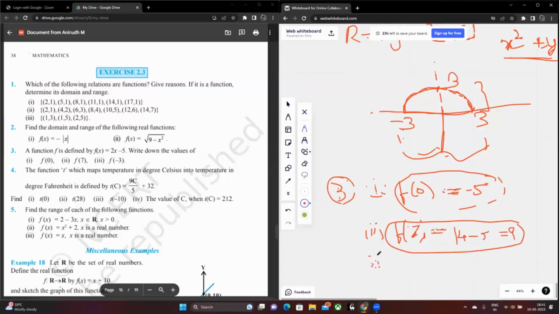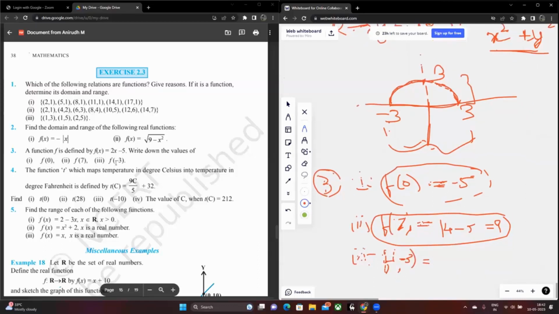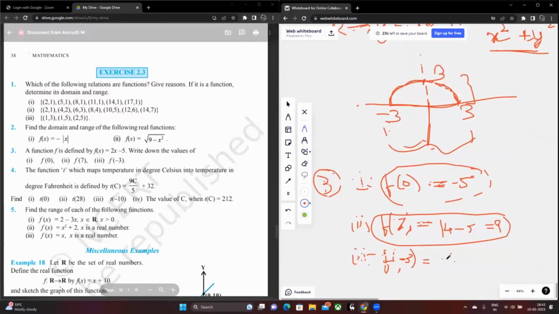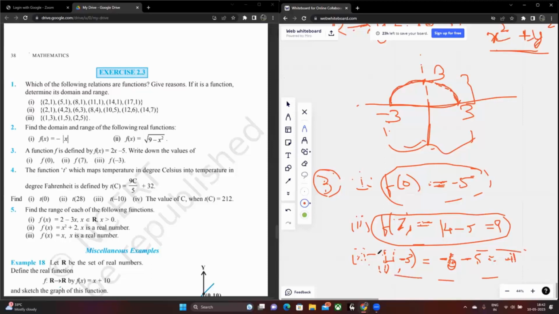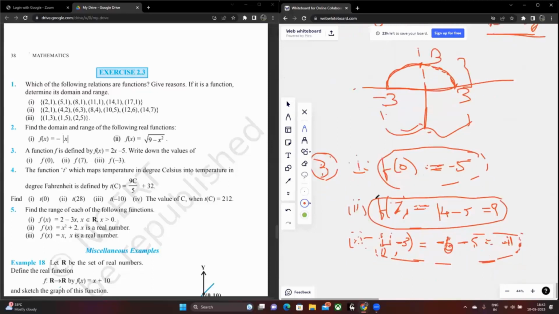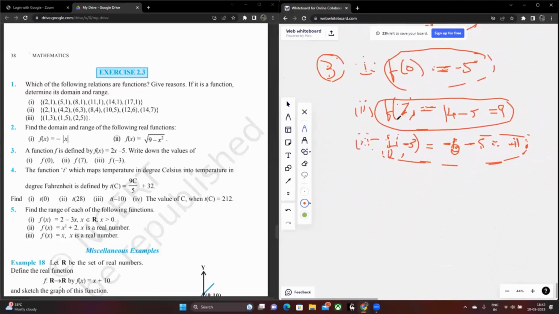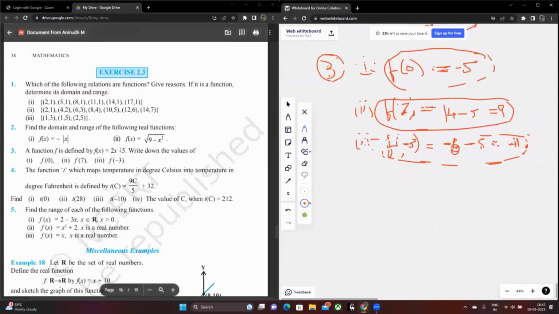And you have the third subpart, that's f of -3 equals, this is -6 minus 5. -6 minus 5, that is -11. That takes care of the 3 subparts here. So you have f of -3 is -11, f of 7 is 9, f of 0 is -5.